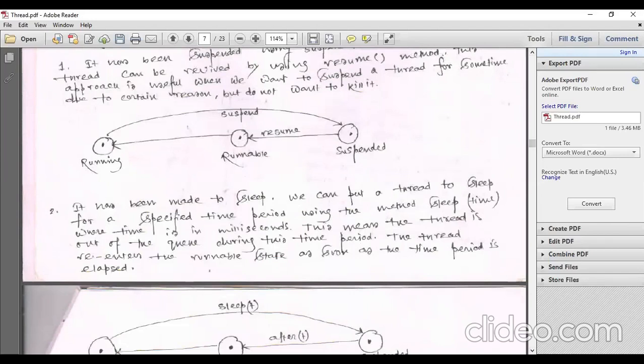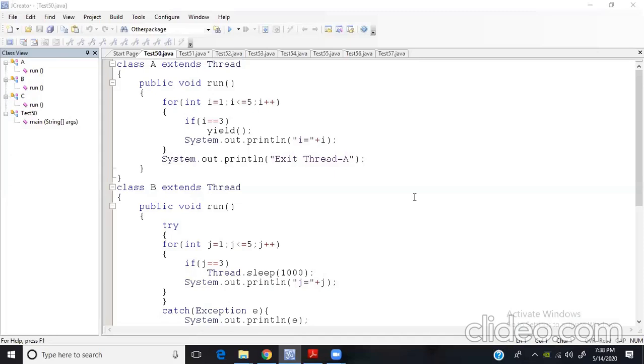Next, I'm moving to the programming part of a thread. Let me share the screen with you. This program, I modified a bit.